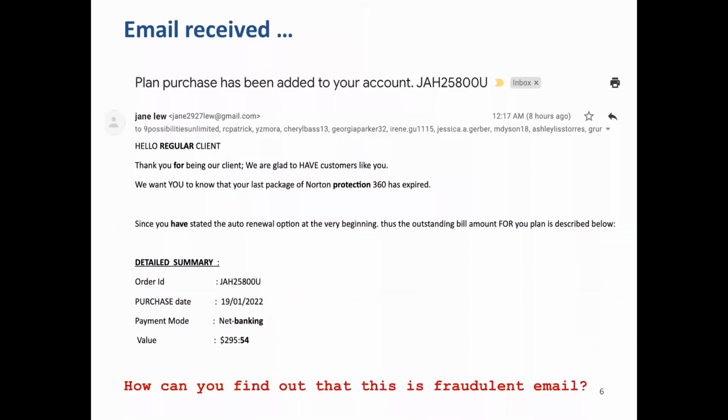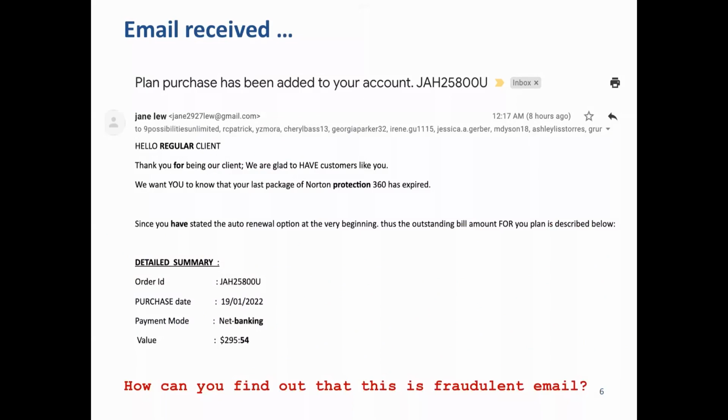So all of us have internet. Okay, just look at this email. Now what we are trying to do is that you should have a security mindset. You think like a thief to find out where the security holes are, right? I received this email.